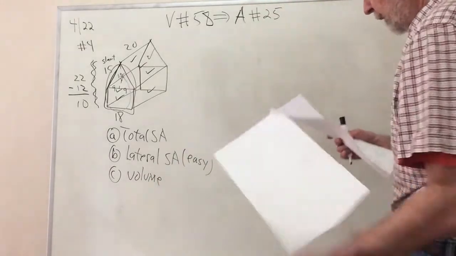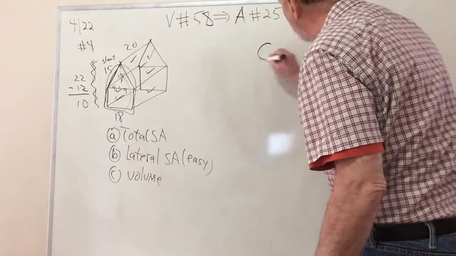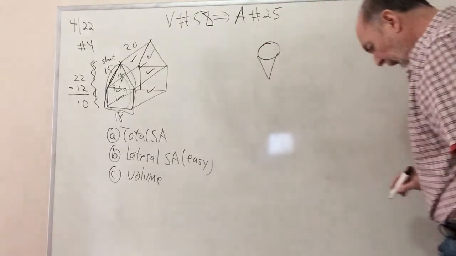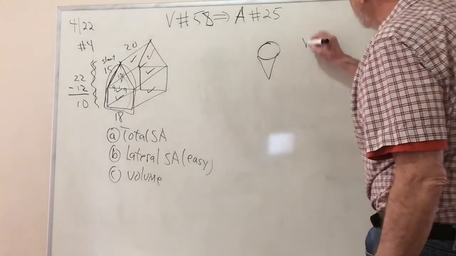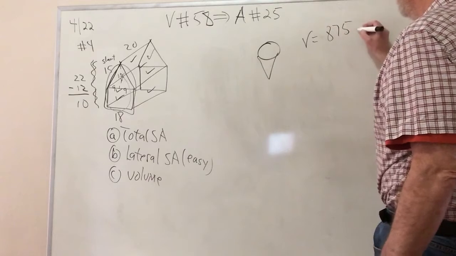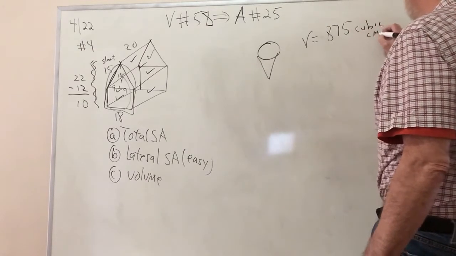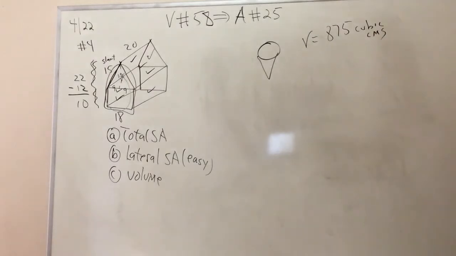And we go to problem number 5 over here, and we see that we have a cone of some sort. And we see that the volume is given. It's 875 cubic centimeters. So you've had your practice on this. As far as I'm concerned, you can save the videos and go over them.